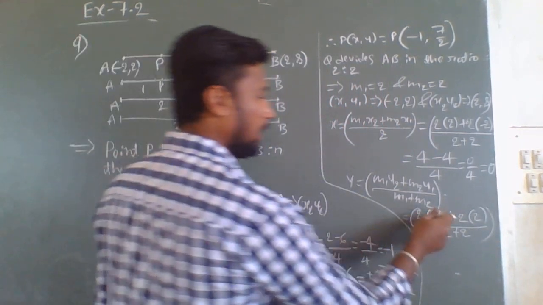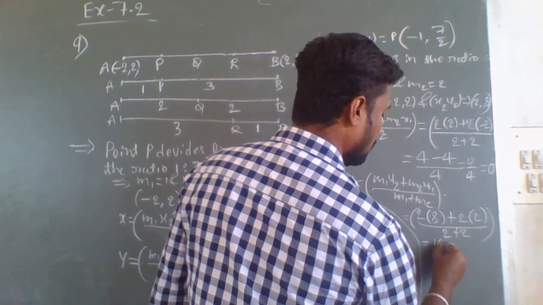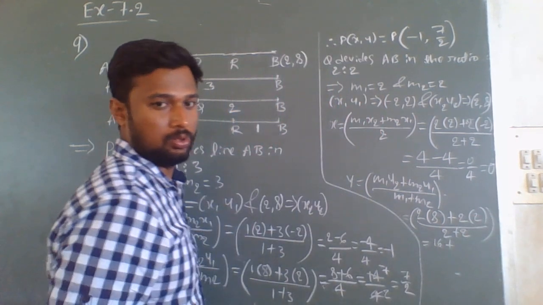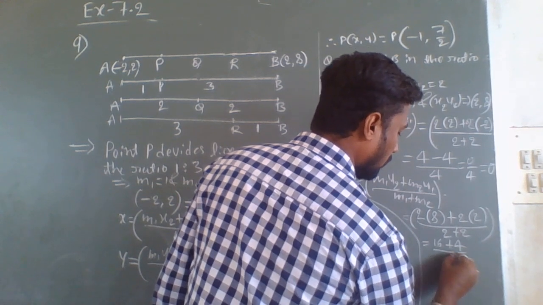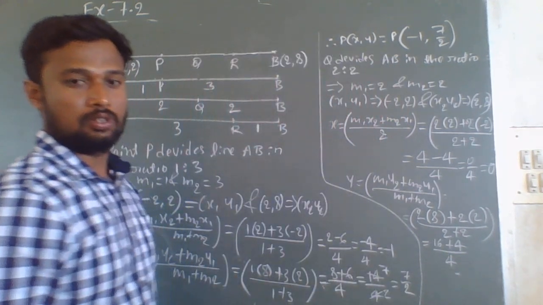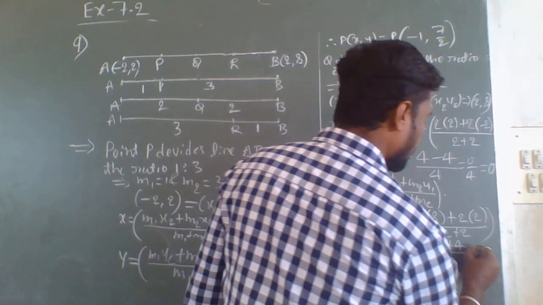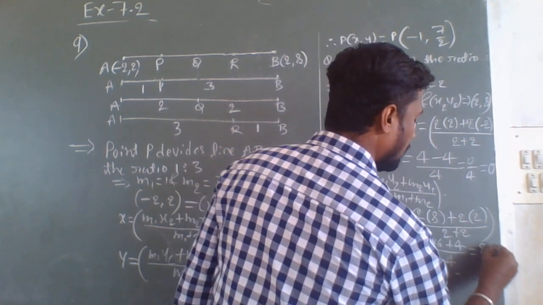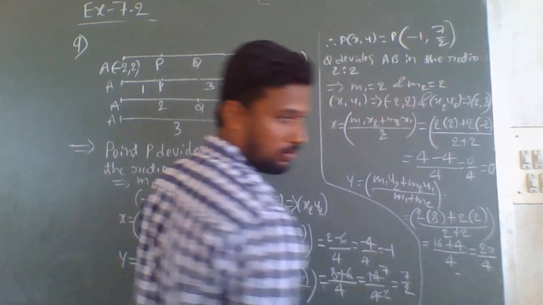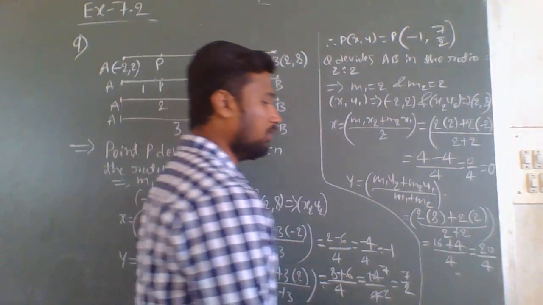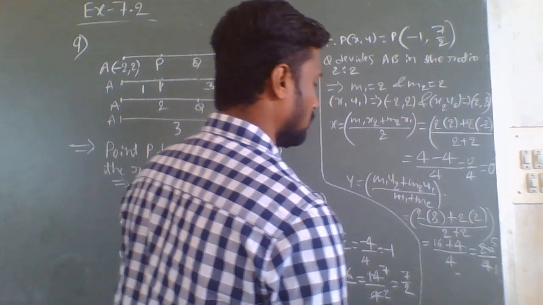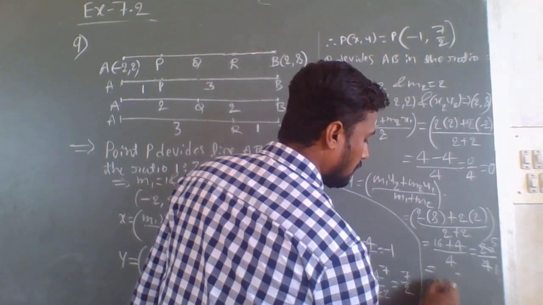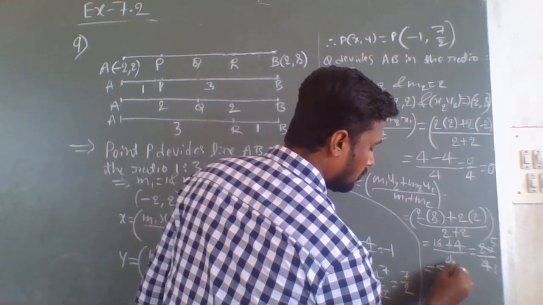So now 2 into 8 is 16, plus 2 into 2 means 4, divided by 2 plus 2, which is 4. So 16 plus 4 means 20 by 4. 20 by 4 is 5, since 4 fives are 20. So the y coordinate value is 5.